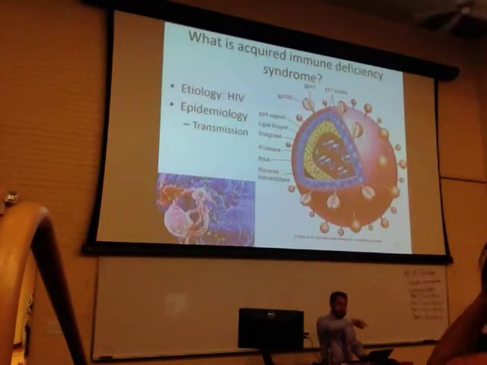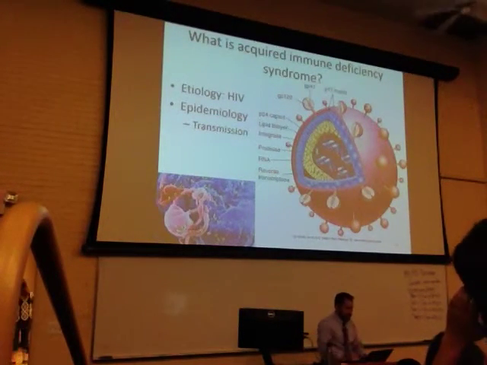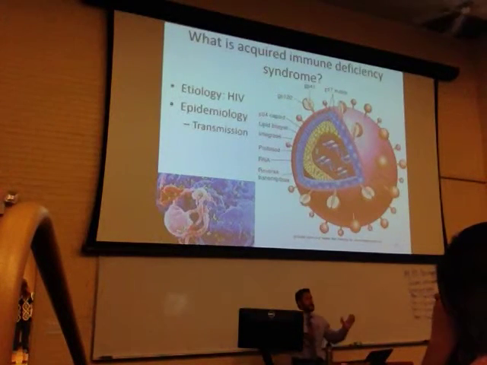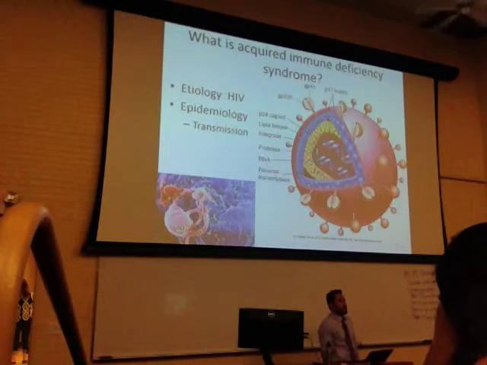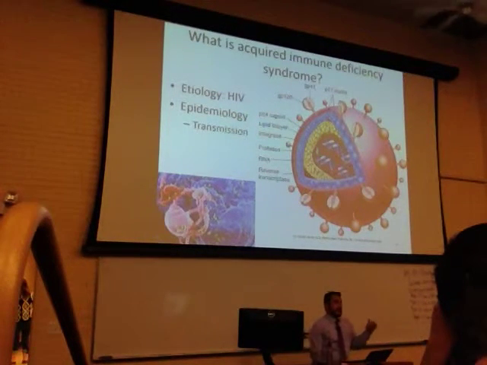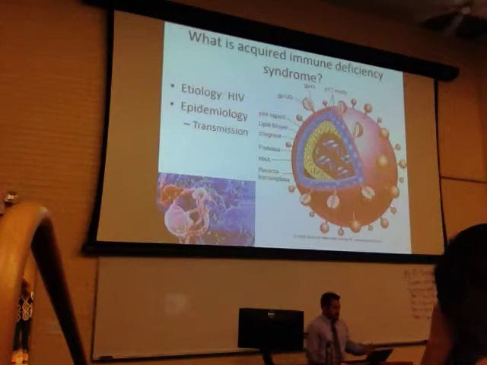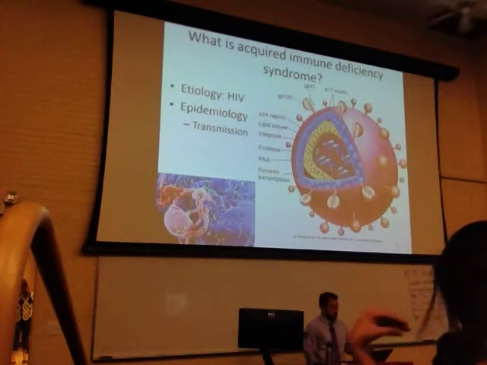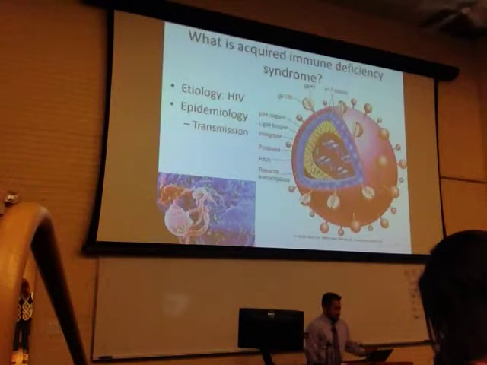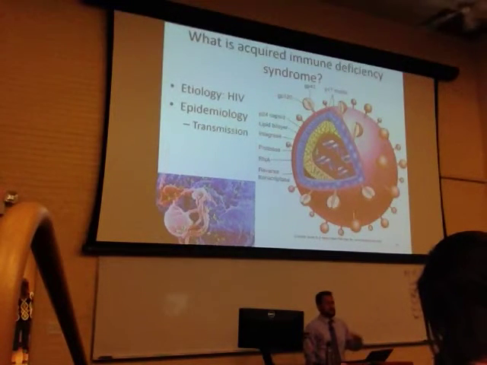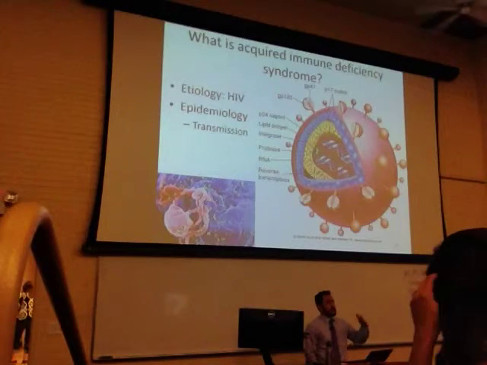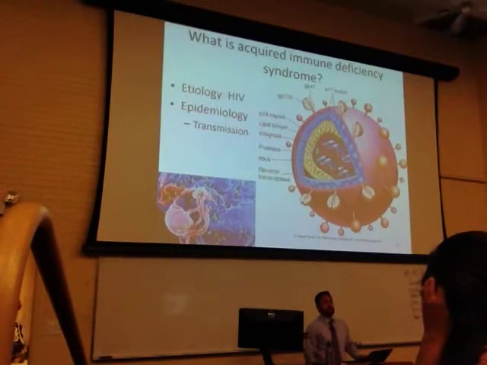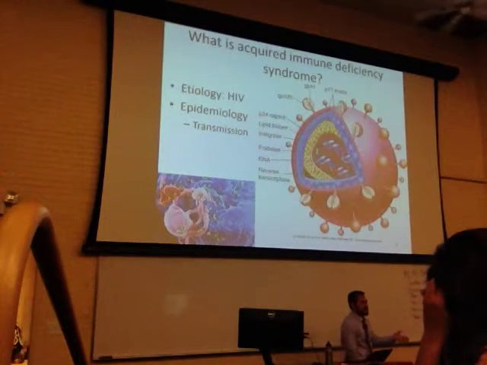Heterosexual, so man to woman or woman to man. The transmission can be through blood transfusions, could be IV drug use, and we saw that very common in the 80s in this country. Sexual intercourse, again, heterosexual intercourse is the most common transmission today, but obviously homosexual intercourse also is a mode of transmission. And then the last one is maternal-fetal transfer.